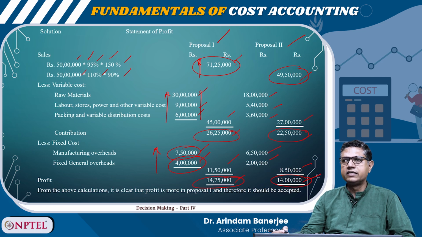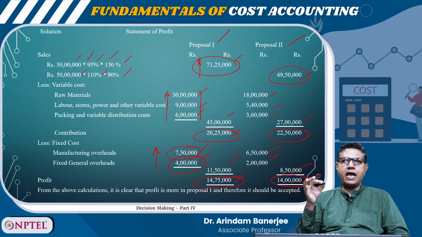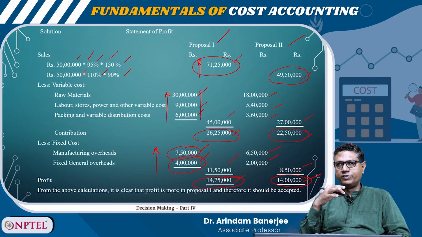So, this profit is actually 14 lakh, right. Now I can see clearly that in proposal 2, the company is earning less profit compared to proposal 1. So, on the basis of this calculation alone, it appears that proposal 1 is more profitable, right.